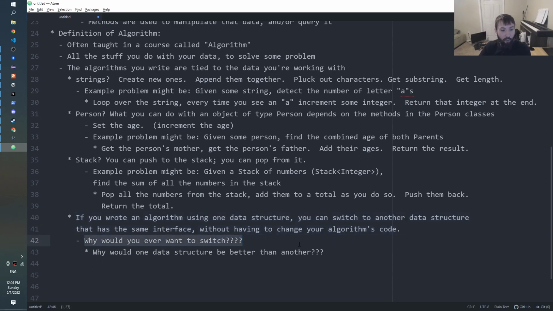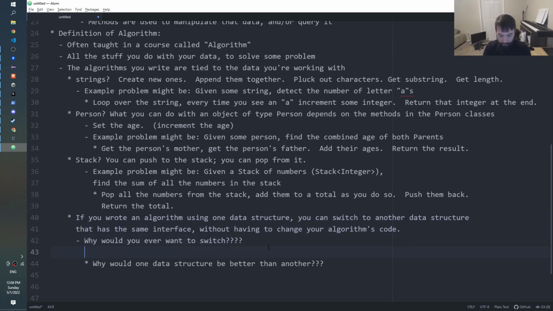So why would you ever want to switch? Because sometimes one data structure is better than another in certain circumstances.